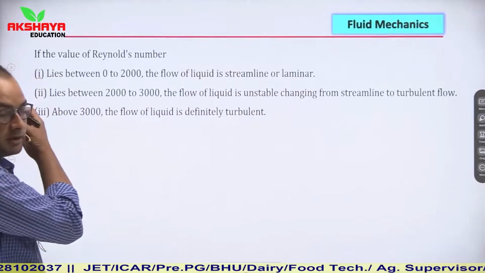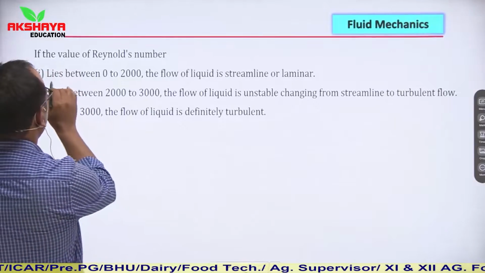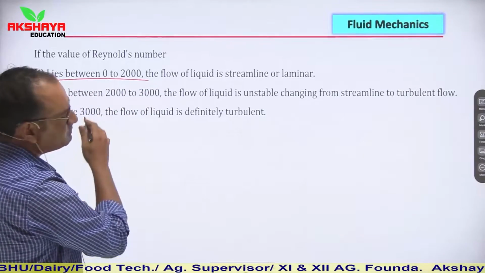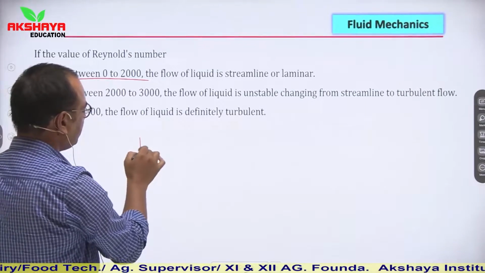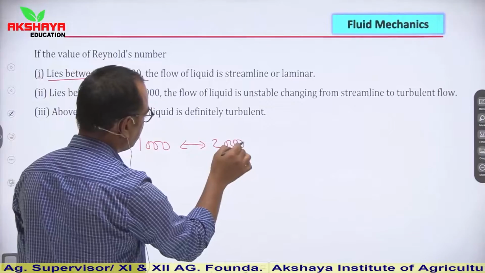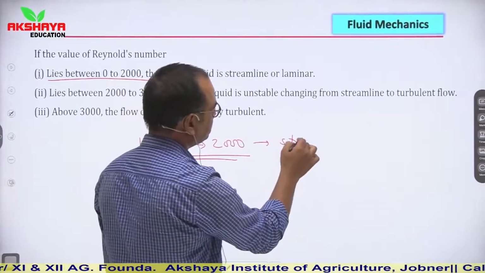Now see, flow can be defined based on Reynolds number. If the Reynolds number is between 0 to 2000, then its flow is streamline.